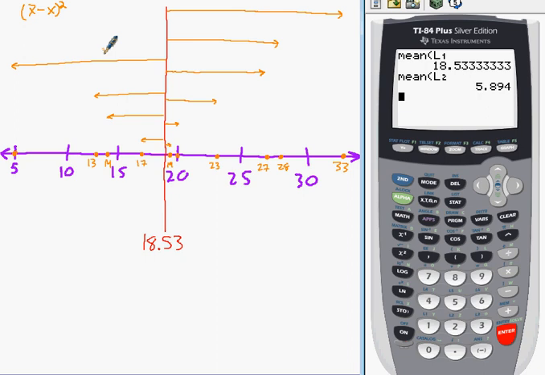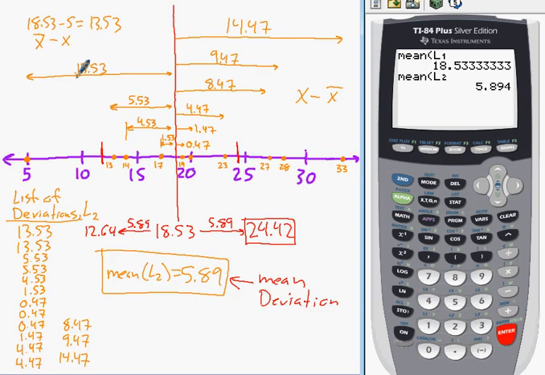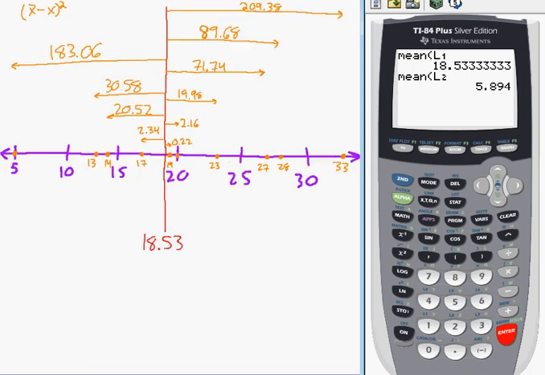So if we were to get these deviations and square them, they become this. You'll notice that these numbers are, of course, much larger than the other numbers. This is 183.06 versus 13.53. Because if you square 13.53, you get 183.06. So these are going to be much larger.